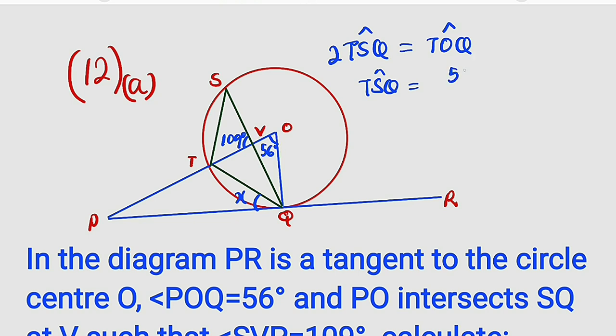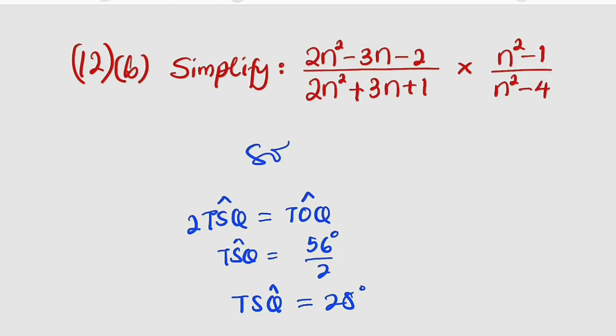So this is 56 divided by 2. Therefore, TSQ must be equal to 28 degrees. So let me take it down. This is our solution. Remember, solution to which question? Question 12a, Roman 1.